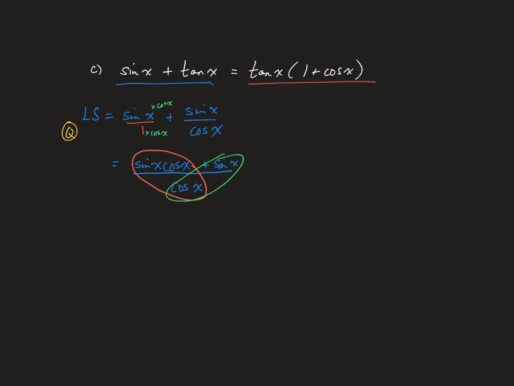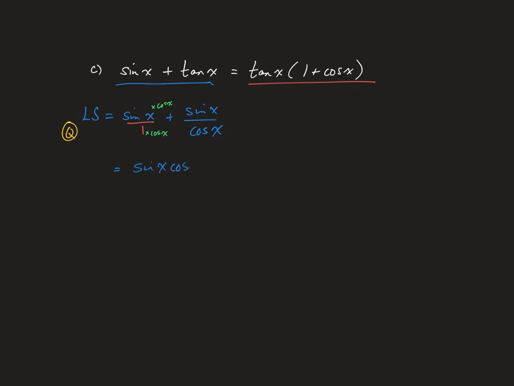I can factor it. I want you to take a look at the top of that fraction. How many terms do you have? You have 2. And is there something in common in those 2 terms? Hopefully we see that there's a sine x in both of those terms. So I'm just going to go through and delete out all that ugly mess just so we can see everything clearly.